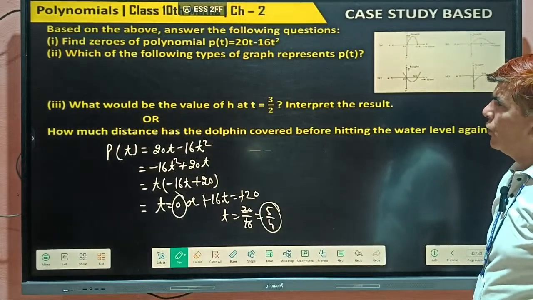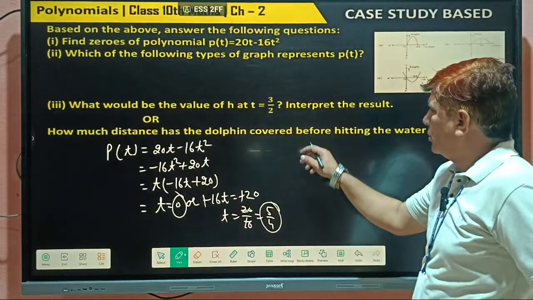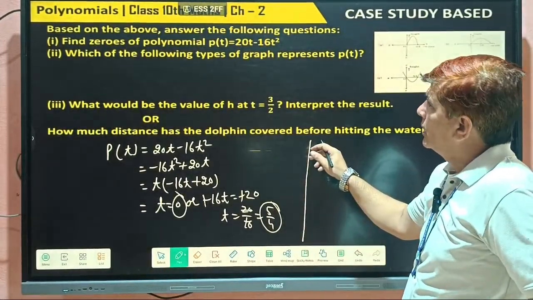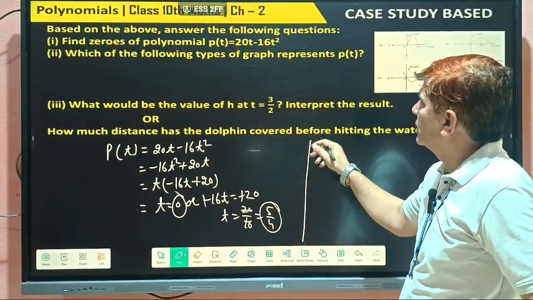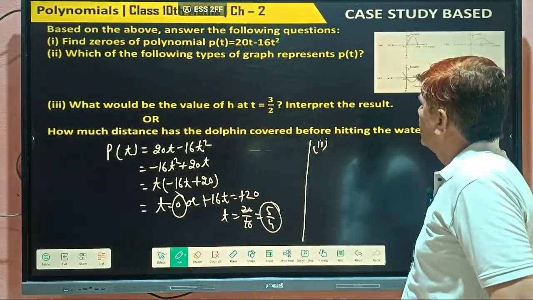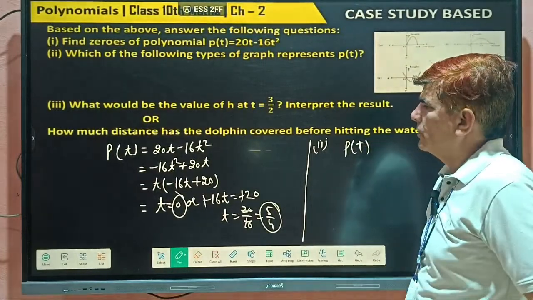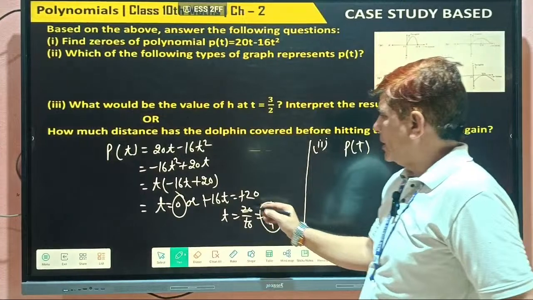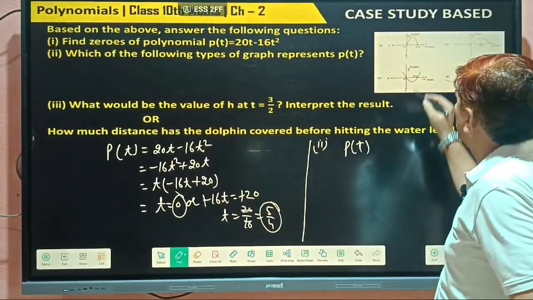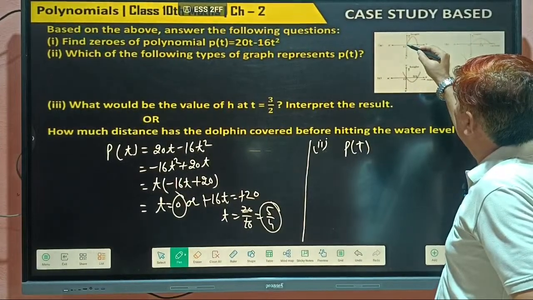What would be the value of h at t equal to 3 by 2? That is the second part; first is this. Which of the following graphs represents p(t)? So this graph touches the x-axis at the origin.